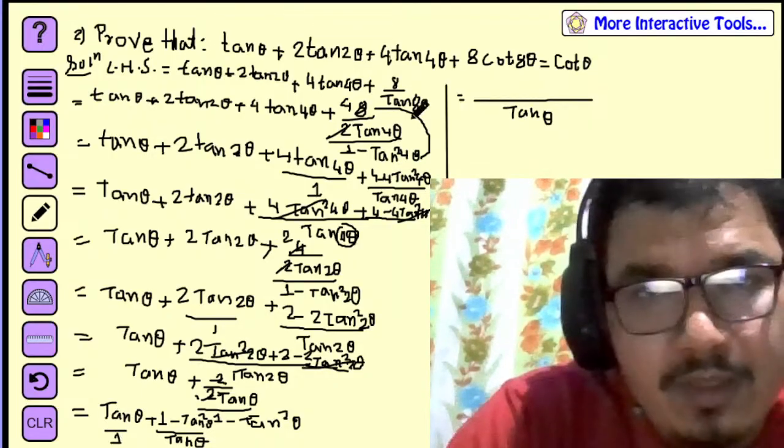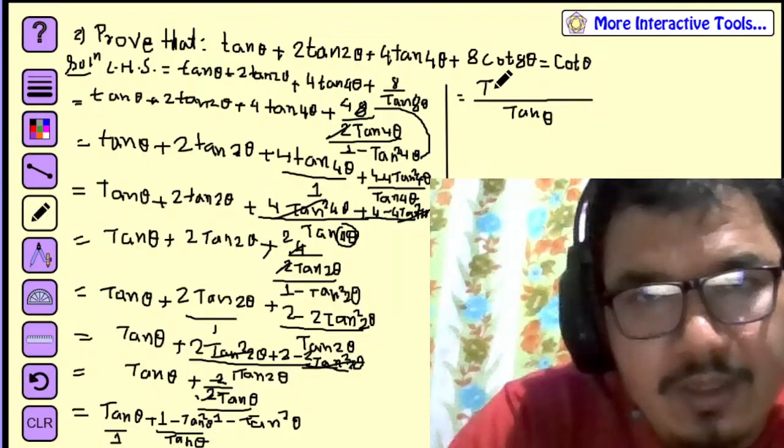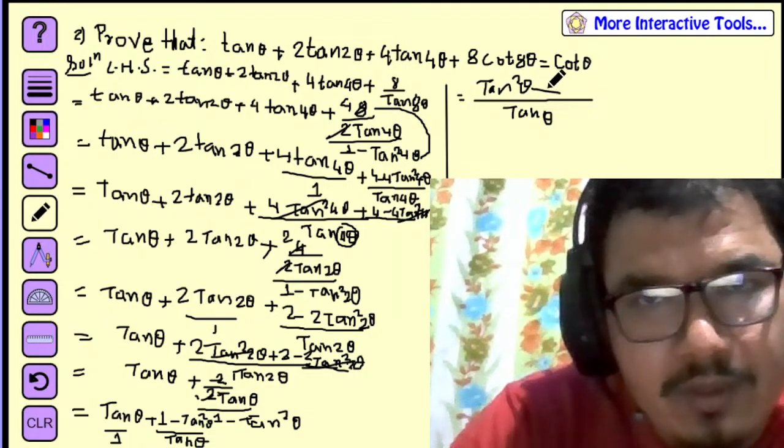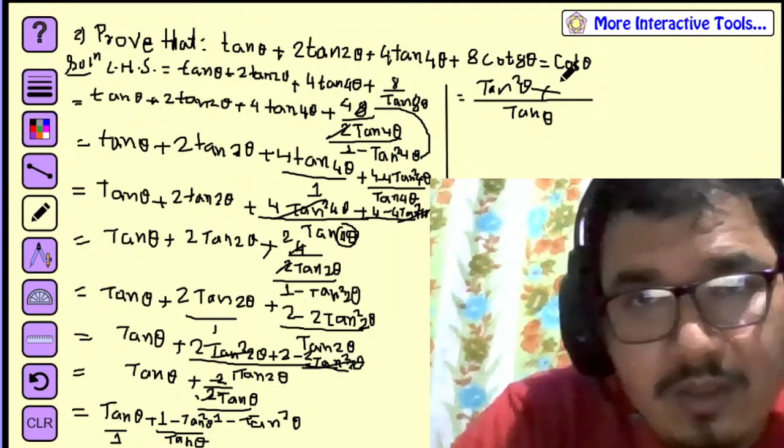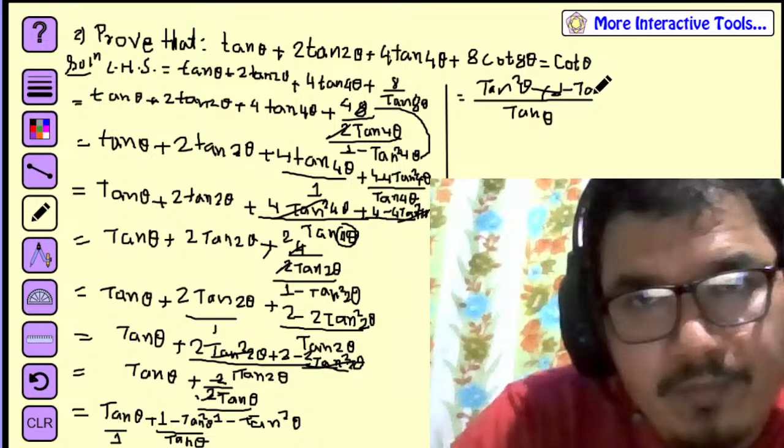Then this side is tan square theta plus 1 minus tan square theta.